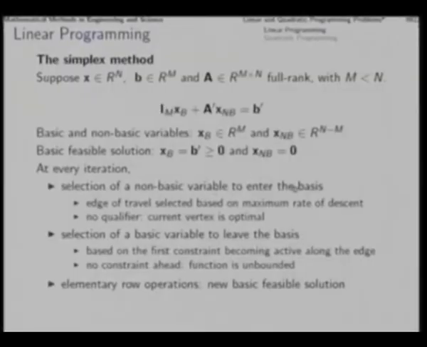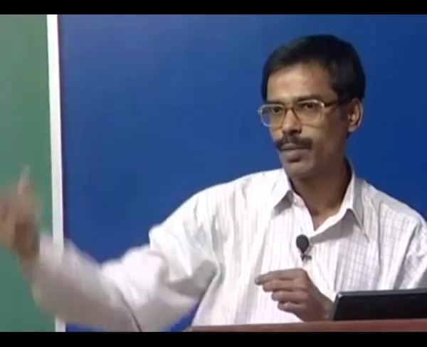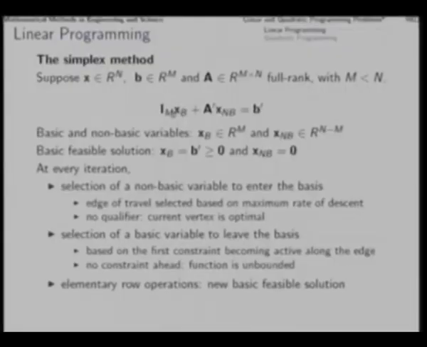So, that way we select one non-basic variable to enter into the basis from this set, and at the same time we see along that edge how far we can go, where we hit the first boundary. Corresponding to that, one currently non-zero variable, a currently basic variable, will become 0, because we will hit that boundary.